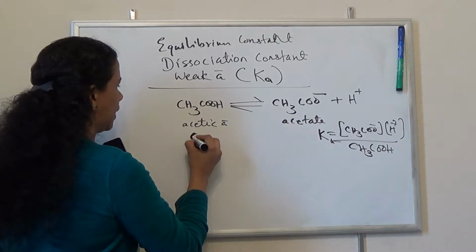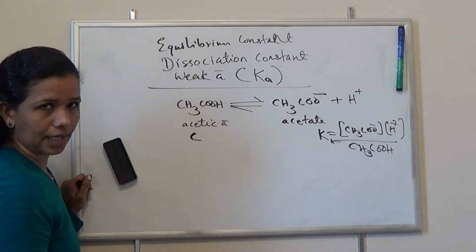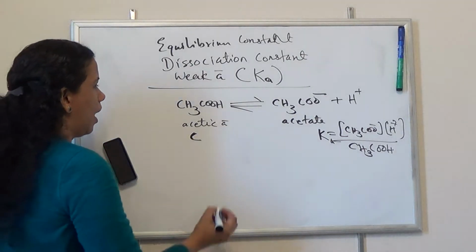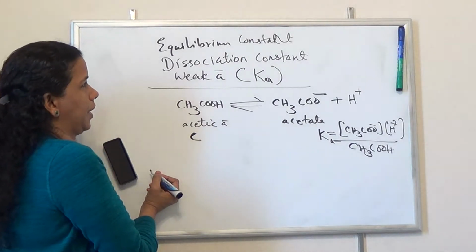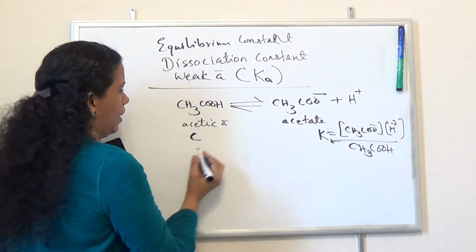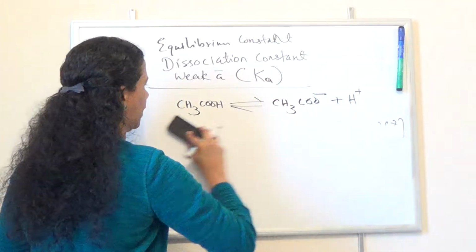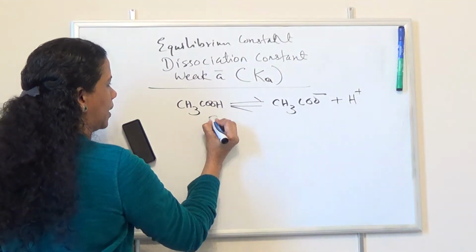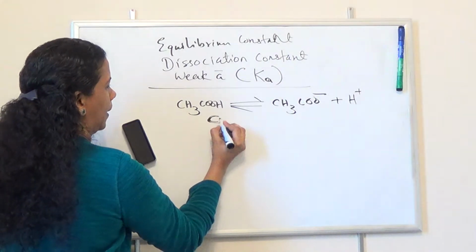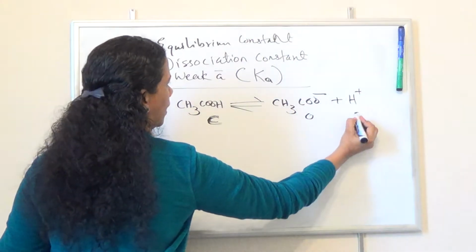Initially, let C be the concentration of acetic acid, and alpha the degree of dissociation. Initially the concentration is C, and for the ions the concentration is 0.